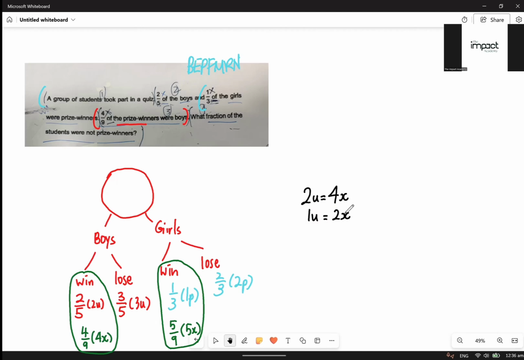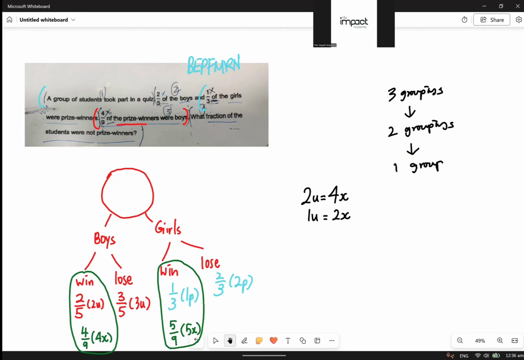What do you mean by 3 groupings? I want you to reduce it down to 2 groupings, then down to 1 group. Why is it 3 groupings? Because we have units, parts, and x. We are going to now remove units so that we are left with parts and x.